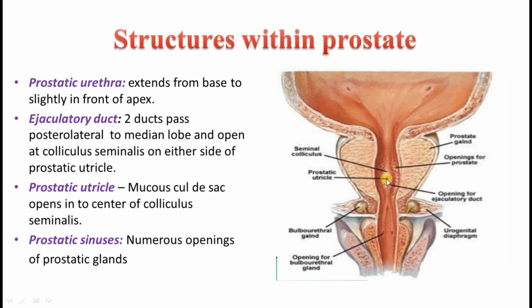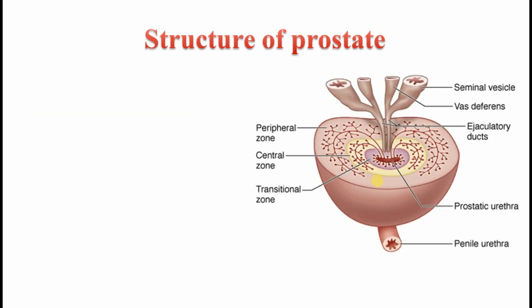It is pierced in the midline by the prostatic utricle, which is a cul-de-sac, I told you, a remnant of the paramesonephric duct. And on either side you are able to see the openings of the ejaculatory ducts. So above the level of the colliculus, at the level of the colliculus and below the level of the colliculus, you see numerous small minute openings. They are the prostatic sinuses. So the secretions of the prostate are poured into the prostatic part of urethra through these prostatic sinuses.